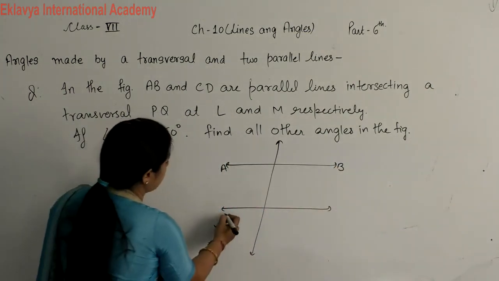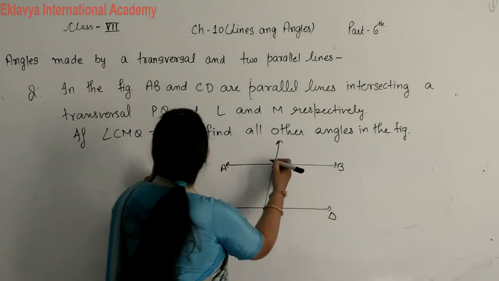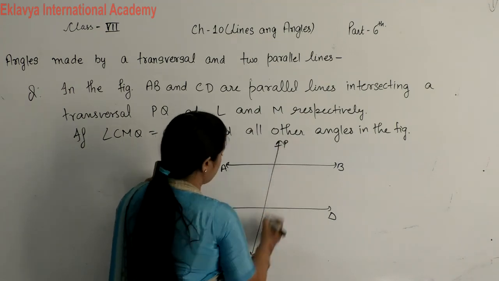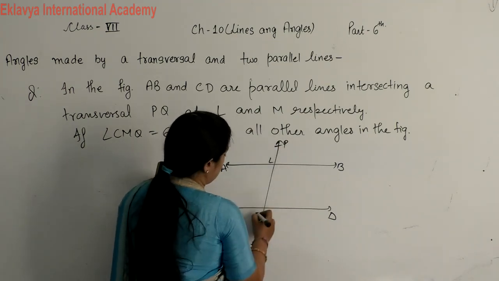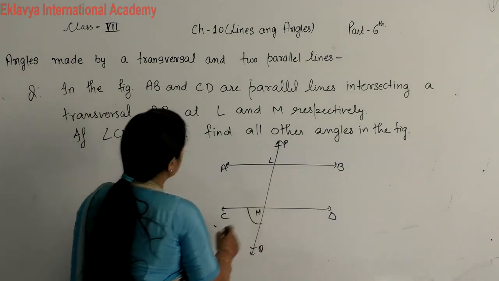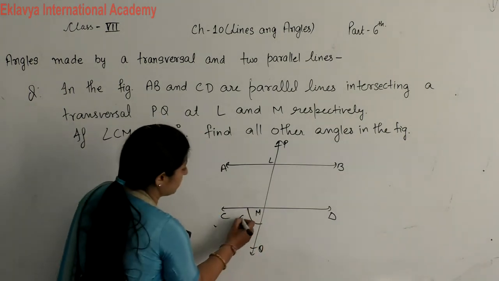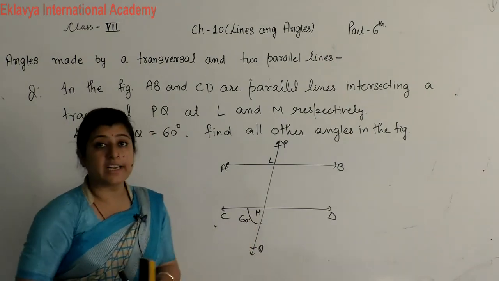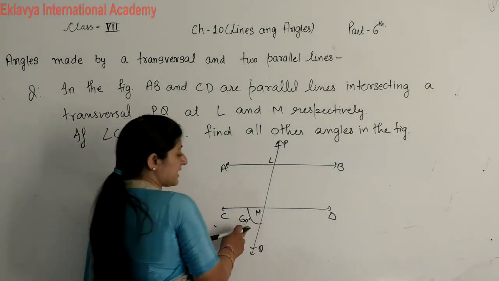This angle is given to you, 60 degree. Find all other angles. Then you can see this is 60.